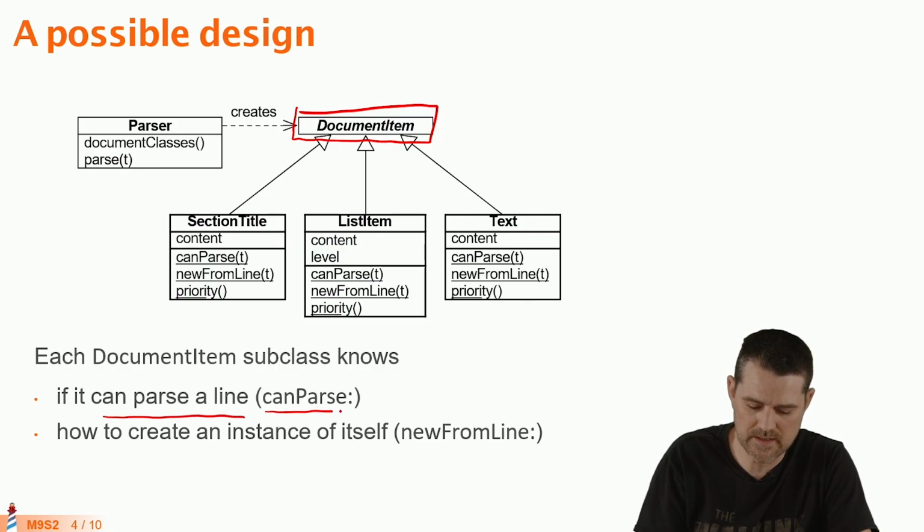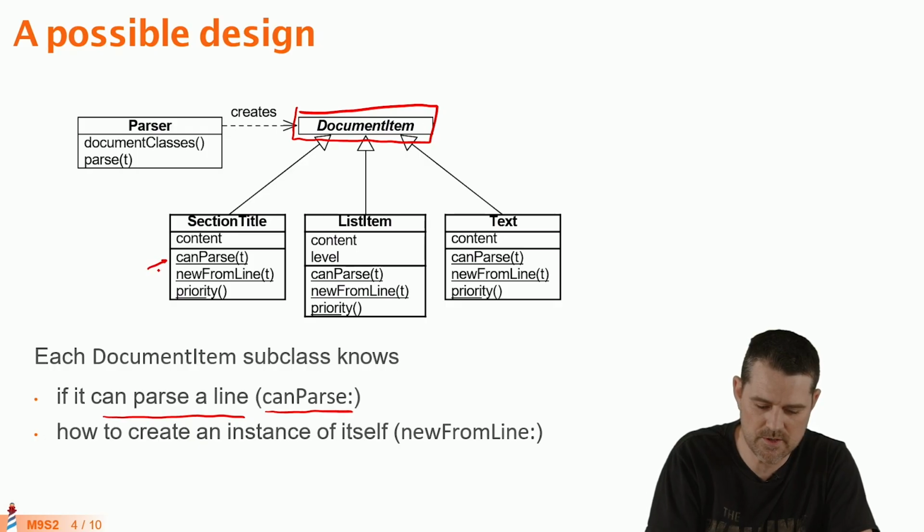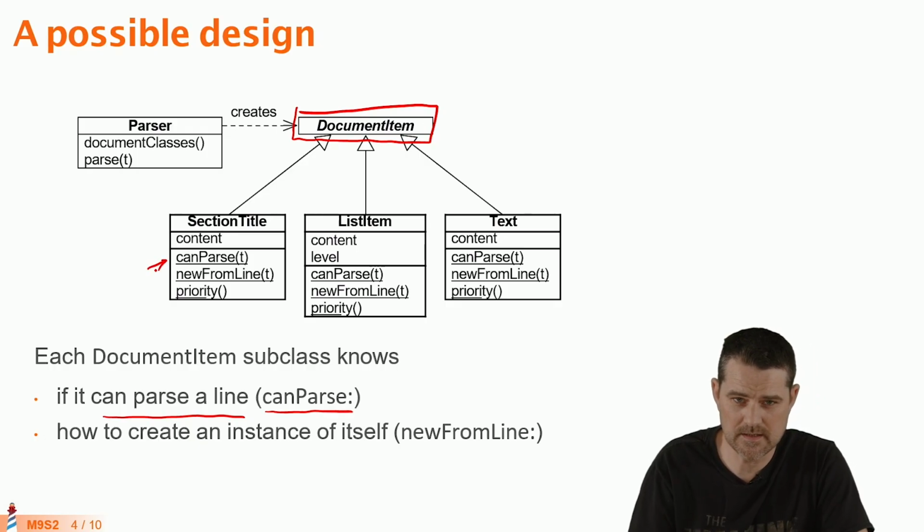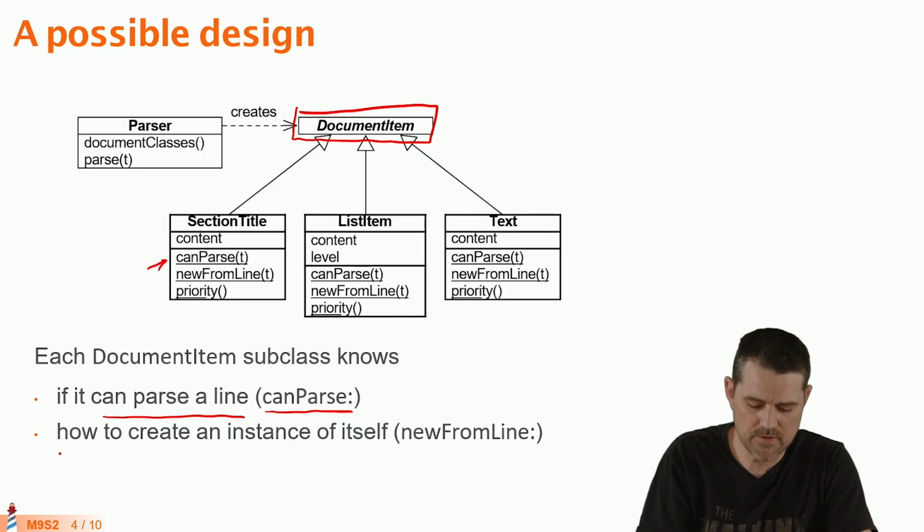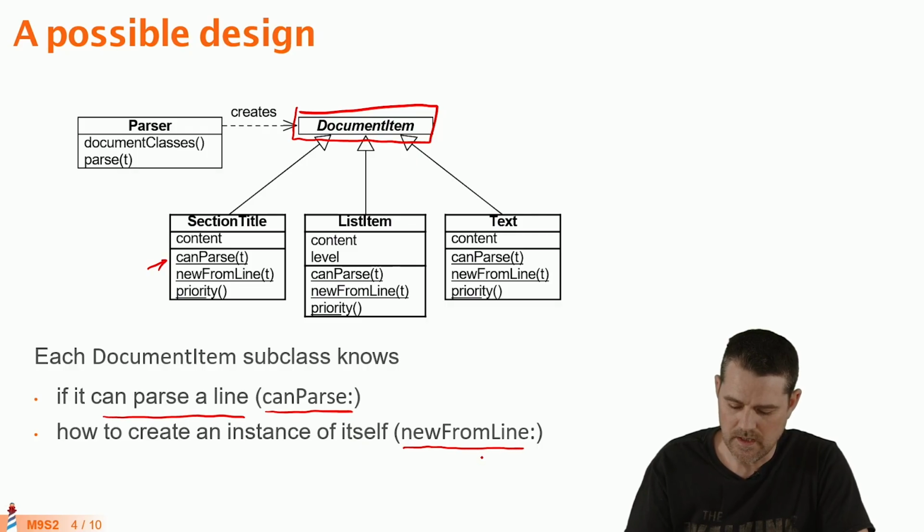The canParse method is implemented in all subclasses, and this is a class-side method. It means if I give it a piece of text, it can answer a Boolean if it can parse this text or not. And the second point is that each class knows how to create an instance of itself using this piece of text.